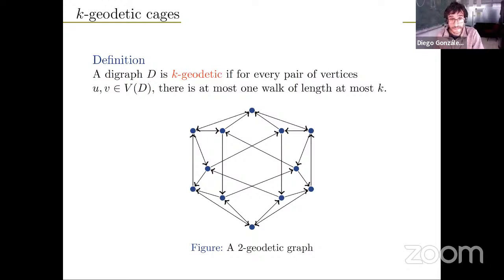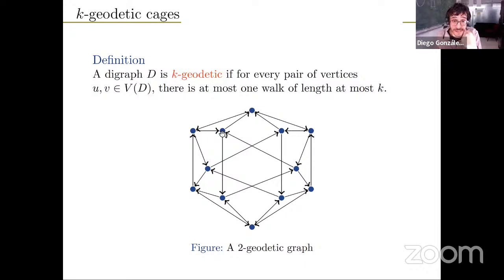Because, for example, here we have a directed triangle. If we want to go from U to the same vertex U, we can have, in this example, this 3-cycle, which is a walk of length 3, and we can consider that the vertex U is a trivial walk of length 0.